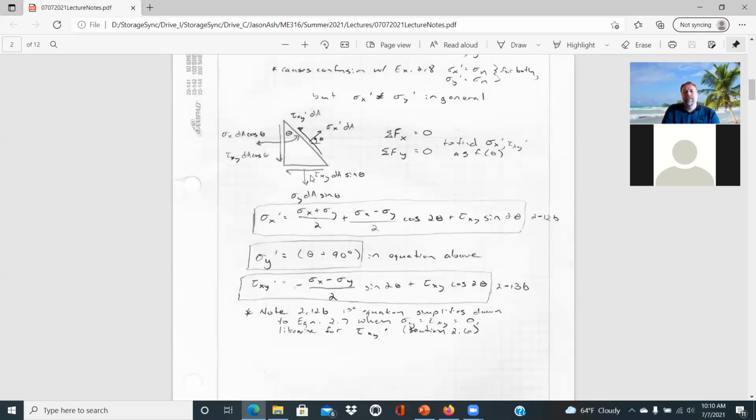Same thing with our shear stresses: multiplying those by dA sine theta would give us our force in the x direction due to the shear stress. Then on the cut plane, we just have the full differential area, and we'd have our force in the sigma x prime direction and the tau xy prime on that sloped surface.